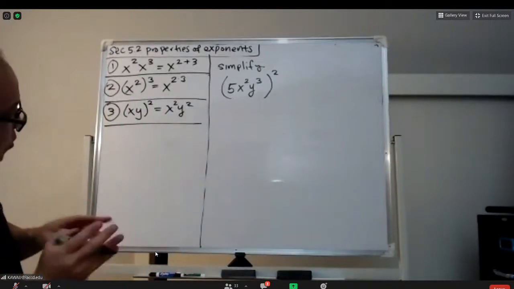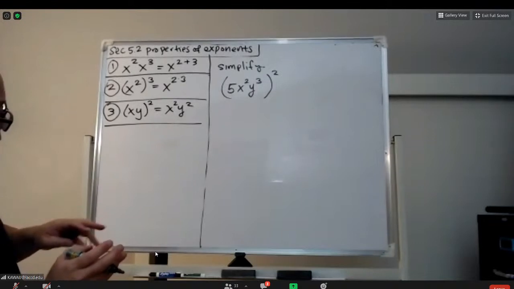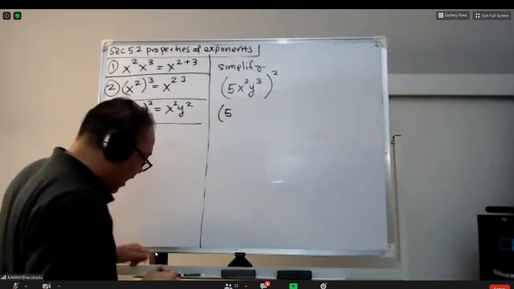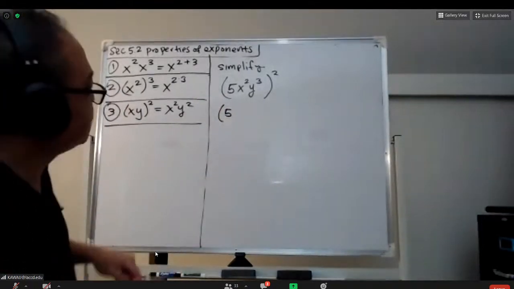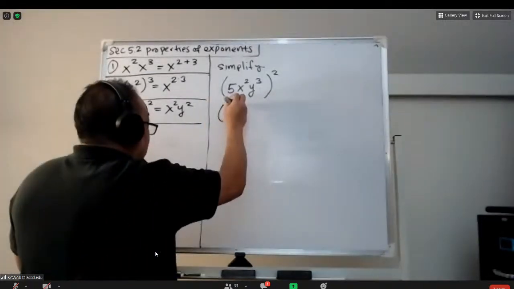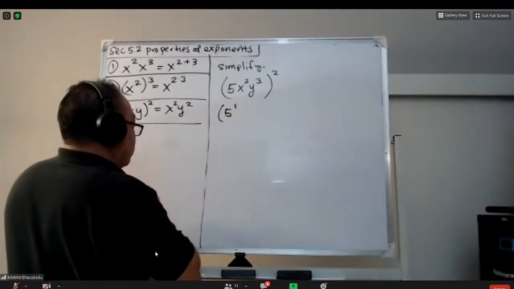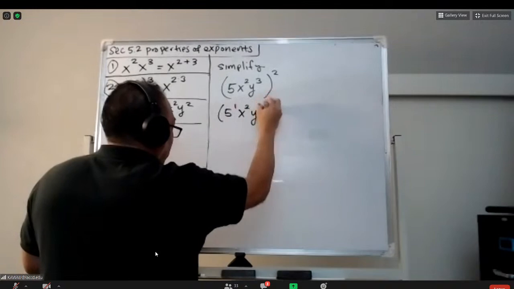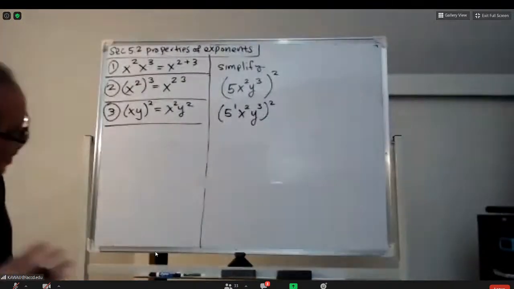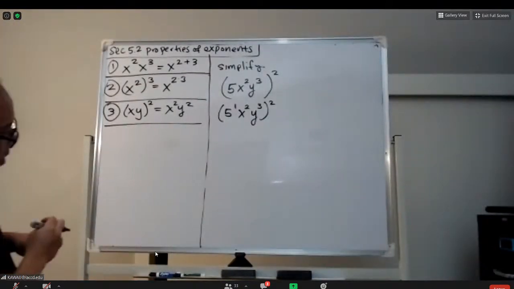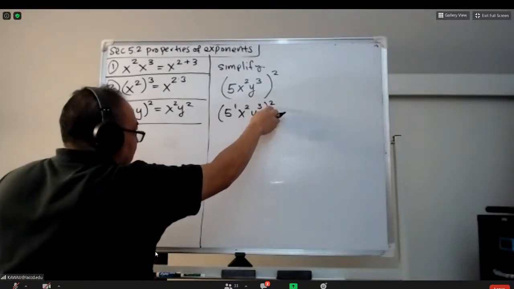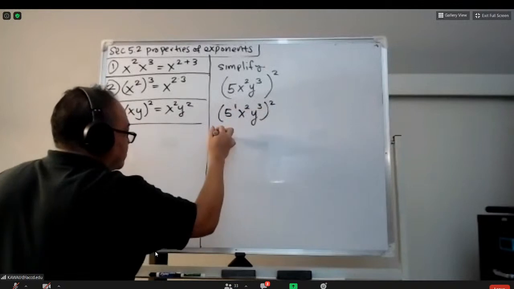Now this is the way I want you to see it. Even though it's not there, that 5 has an exponent. So even though it's not there, it's there. And what you're going to do here on the next move is you're going to multiply this by each exponent.